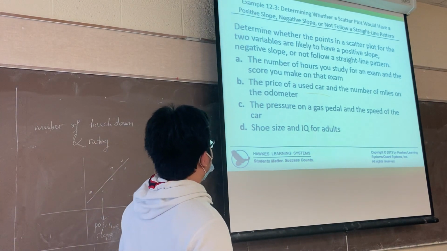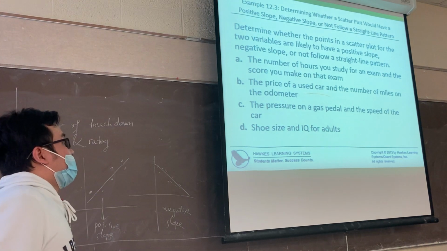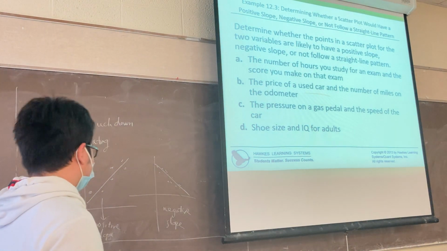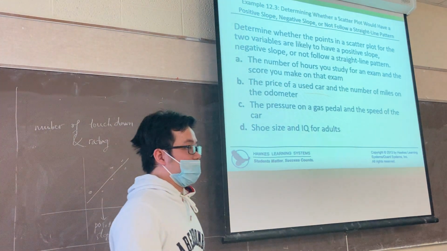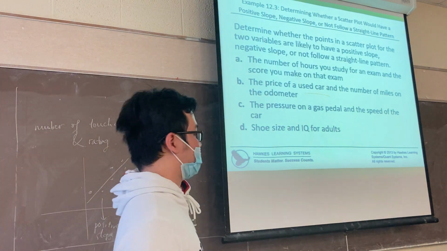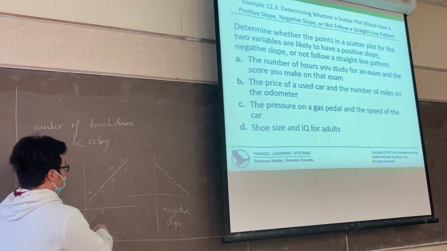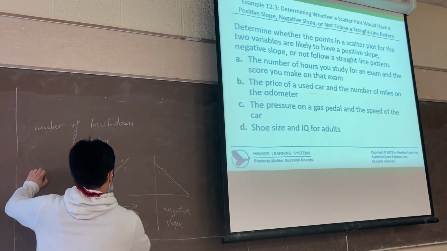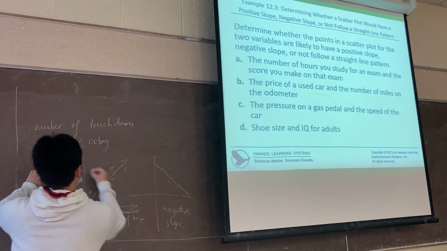What about A? The number of hours you study for an exam and the score you make on that exam. Do you think it's a positive slope or a negative slope? Positive slope, exactly. This is the number of hours you study, and this is the grade.